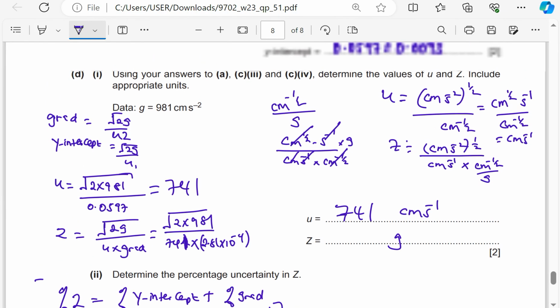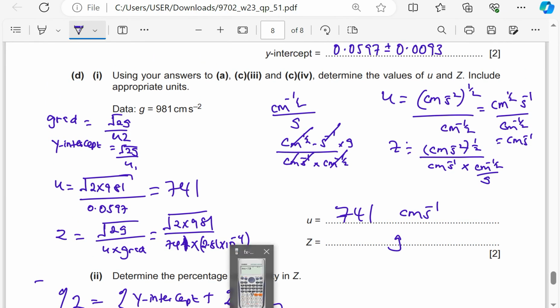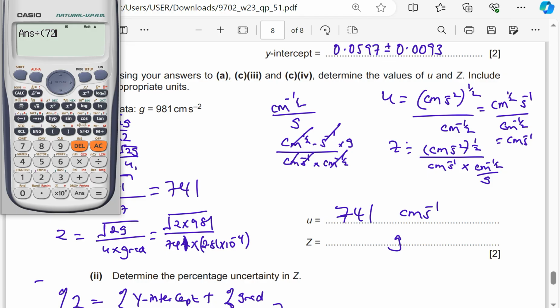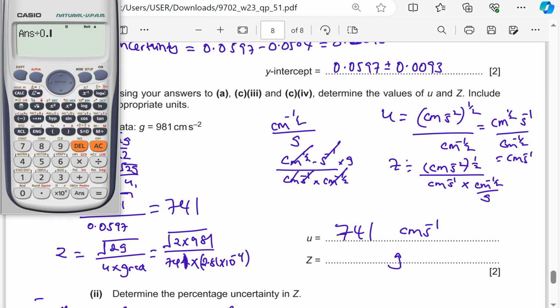Very confused now. I'm very tired. So the first one is root of 2 times 981, then divide by 0.0597.